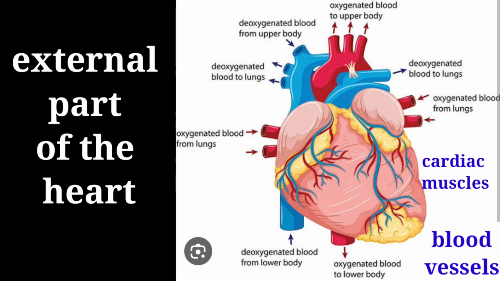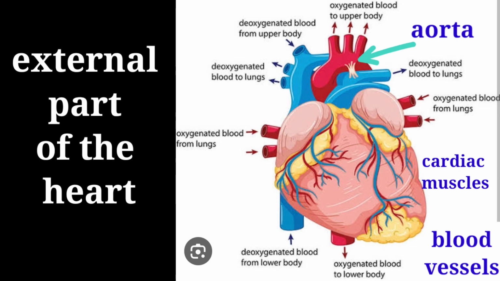So, another one is the heart is also having the largest artery, which is called the aorta. And the function of the aorta is carrying, or where oxygenated blood passes through.